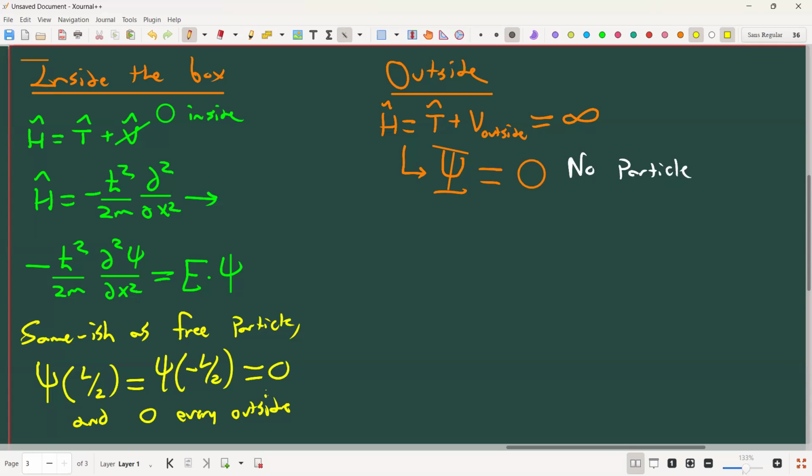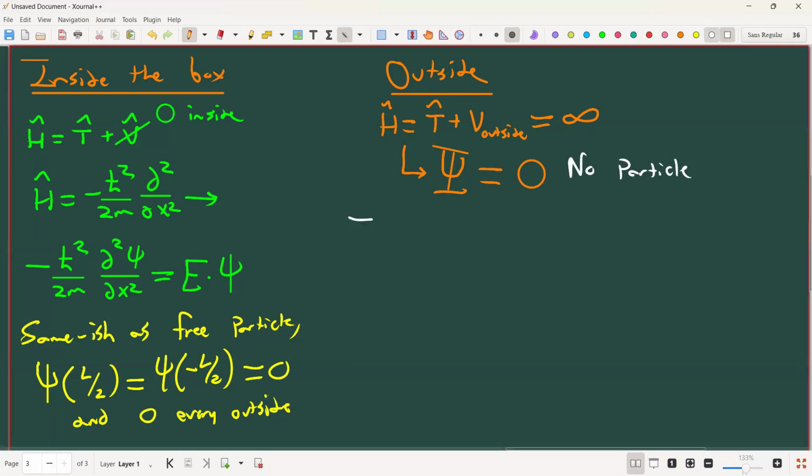But maybe we can think about using the same solution. E to the ikx works here. Totally fine. We just maybe need to massage the equation a little bit in order for it to satisfy our boundary conditions. So let's try that.